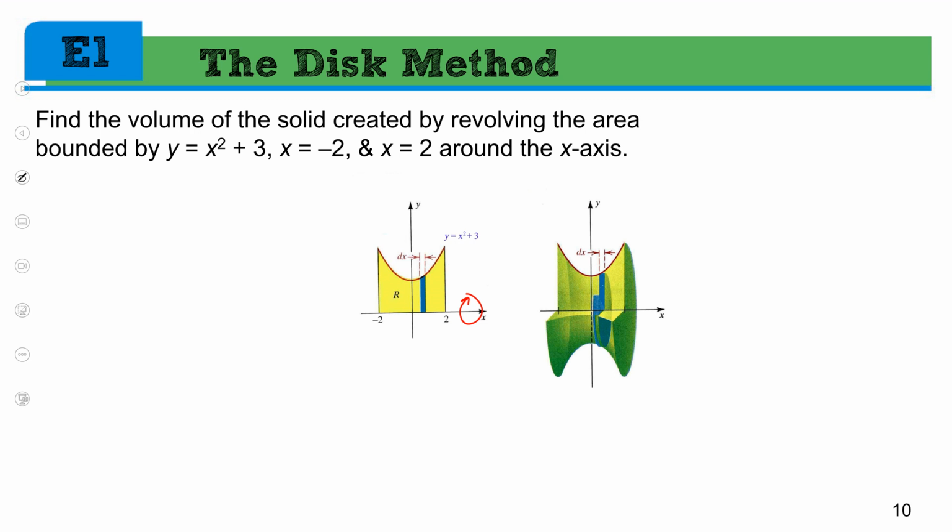If the answer to both questions is yes, then I know I'm going to use the disk method, hence the title of the slide. If it's not touching the axis of revolution, then we're going to do a washer. That comes later. Okay, so what's the radius of that blue disk?